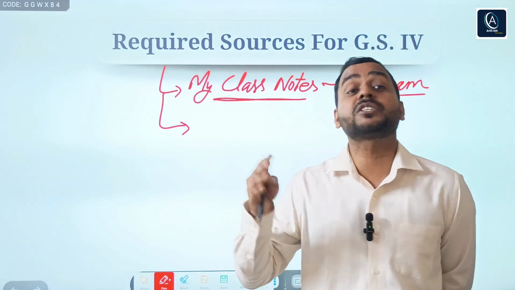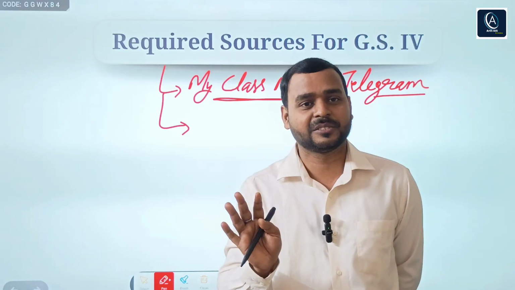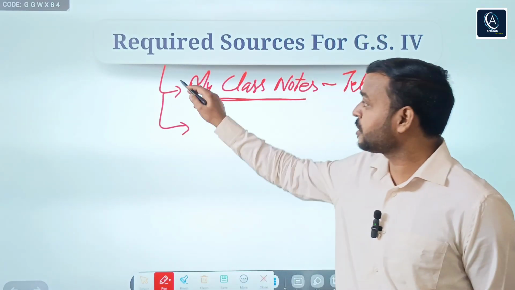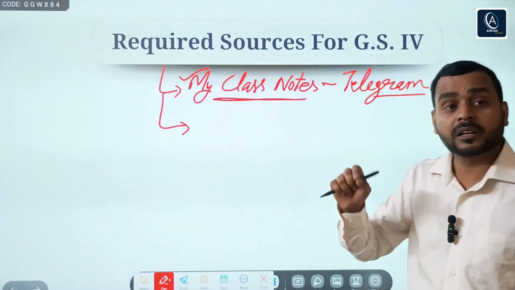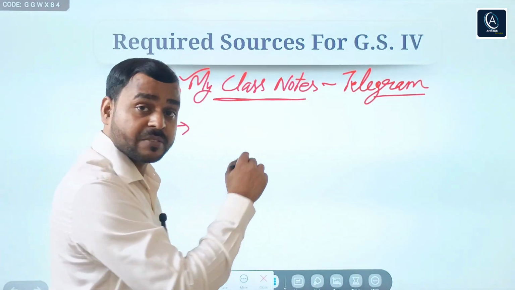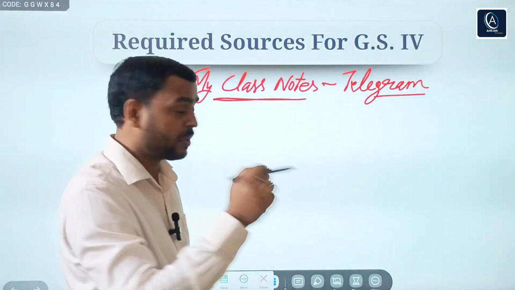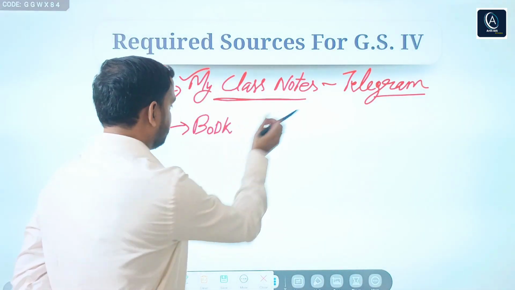So don't read multiple books of philosophy or psychology. My notes cover the syllabus comprehensively, but for your psychological satisfaction, one book, only one book. I am telling the names of three books.